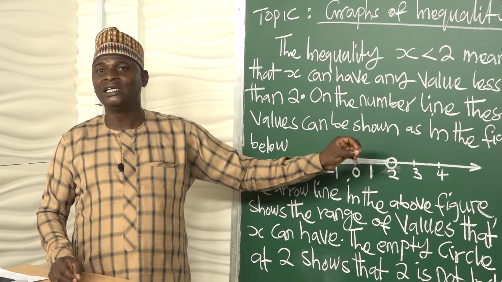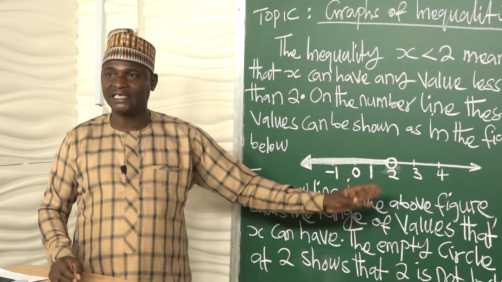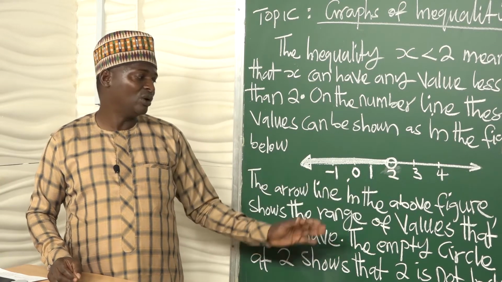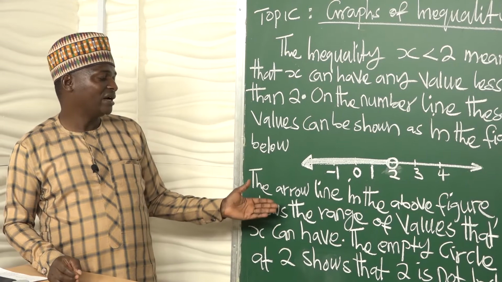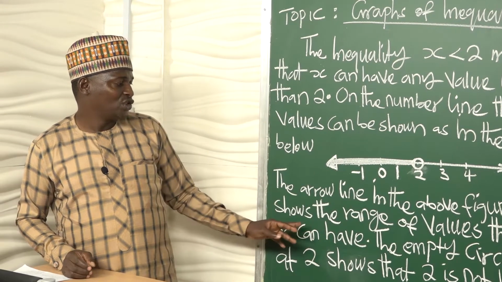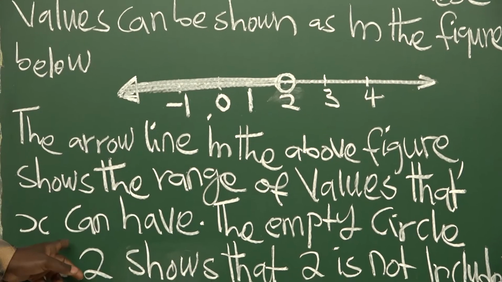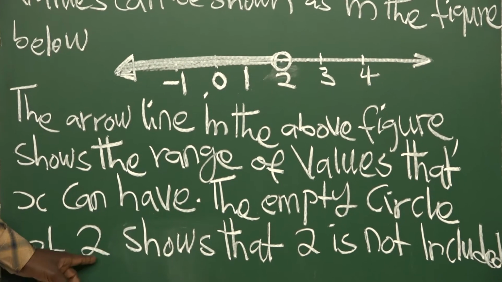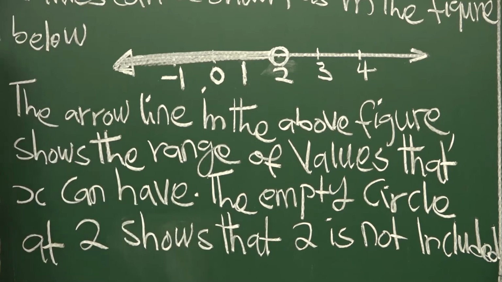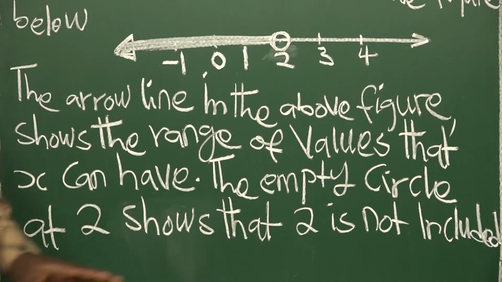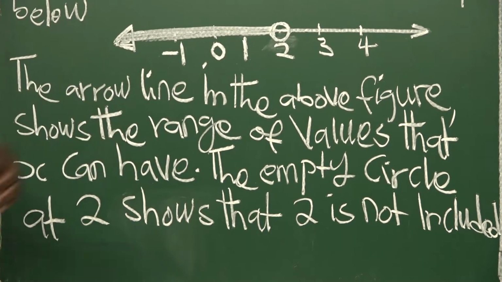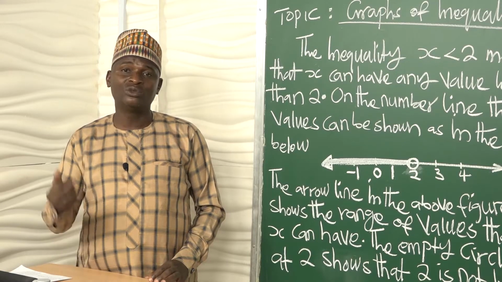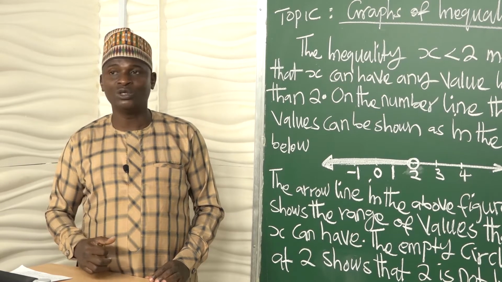It is only numbers that are less than 2 that are values of x. The arrow line in the above figure shows the range of values that x can have. The empty circle at 2 shows that 2 is not included. Therefore, when you are writing the values of x, you have to know that 2 is not going to be among them.